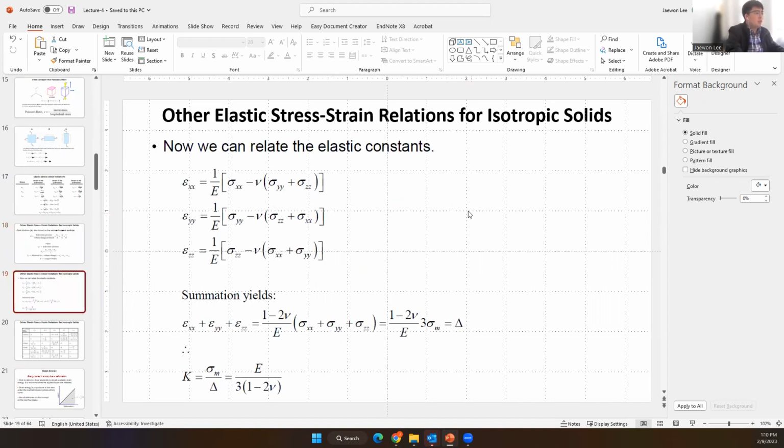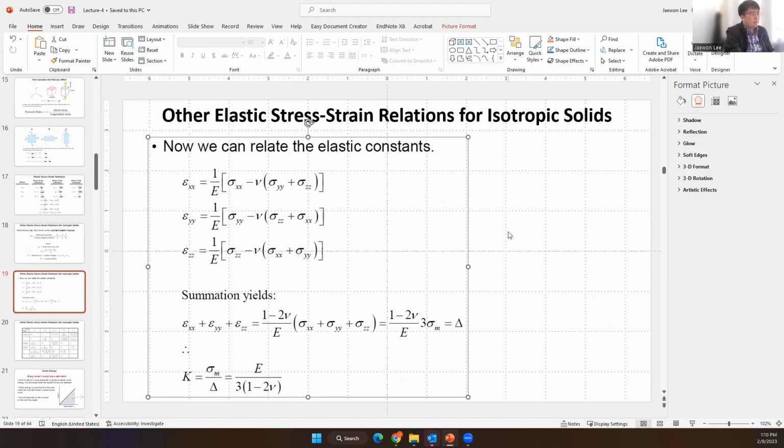Using these relations, we can relate the elastic constants.